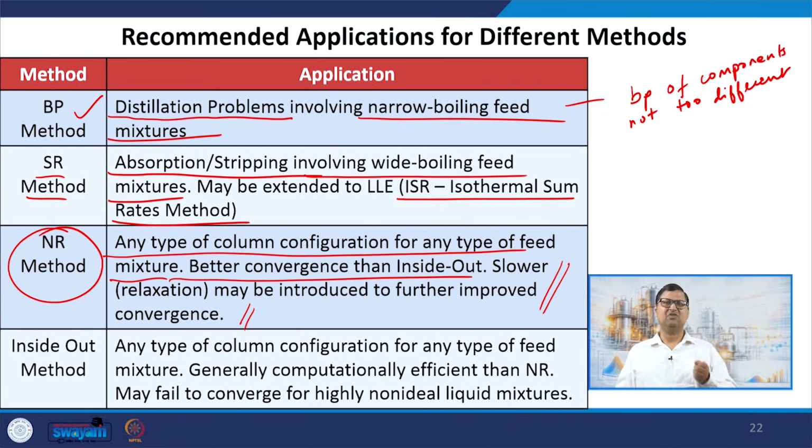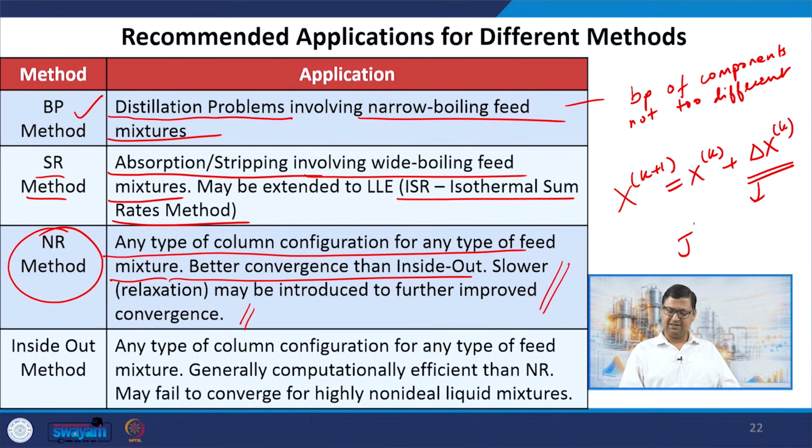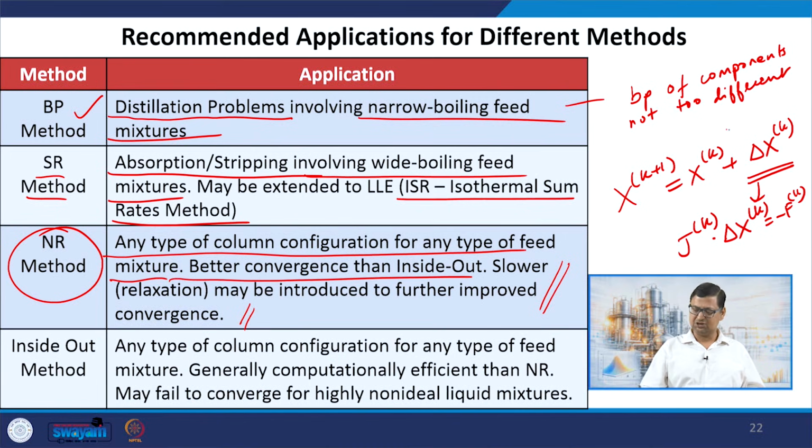We have discussed the idea of relaxation long back when we discussed the direct and partial substitution, right? This kind of an idea can also be incorporated inside the NR method. So when we are doing x_{k+1} as x_k plus delta x_k, and I am computing delta x_k by something like J_k into delta x_k as minus F_k, I can also, for example, introduce a parameter alpha here that will slowly relax it rather than whatever is given by the Newton-Raphson scheme, right?